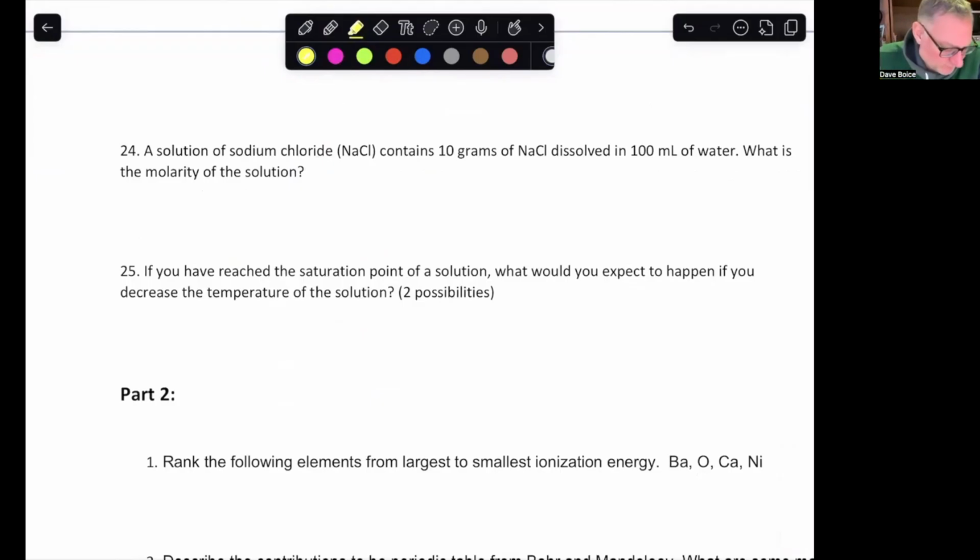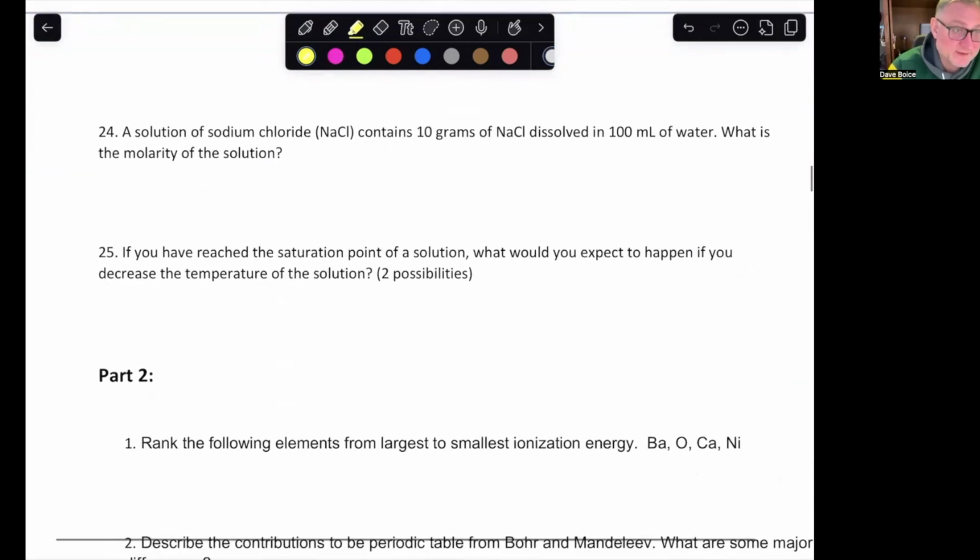Okay, 24. A solution of sodium chloride contains 10 grams of NaCl dissolved in 100 milliliters of water. What is the molarity of that solution? If you will recall, molarity equals moles over liters.